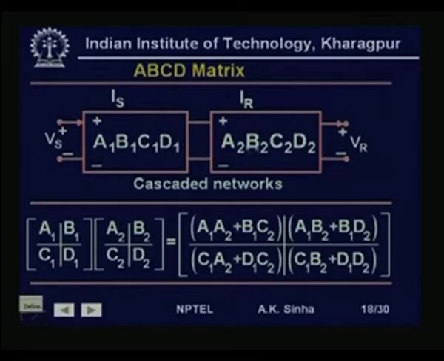One will be the transmission line model, another will be for the compensating equipment, and in that case we have two cascade ABCD systems, and for this complete system also we can find out the ABCD parameters, which will be nothing but A1 B1 C1 D1 multiplied by A2 B2 C2 D2 will give the composite ABCD of this, that is A for the composite system or cascaded network will be A1 A2 plus B1 C2, B will be equal to A1 B2 plus B1 D2, C will be equal to C1 A2 plus D1 C2, and D will be equal to C1 B2 plus D1 D2.